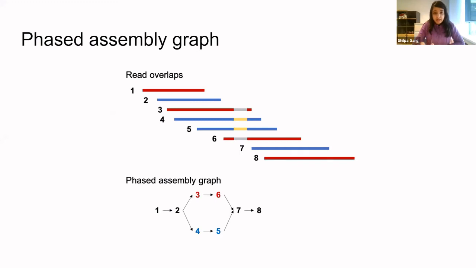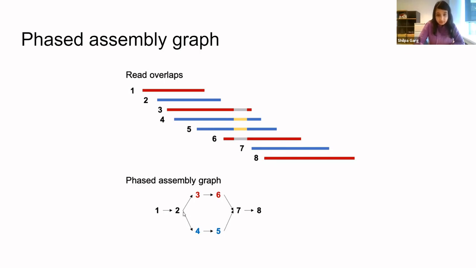So the main idea here is to use phasing information within the assembly process. So when we look for the overlaps in the reads, we additionally look for the heterozygous SNPs to find which read comes from which haplotype. In this way, we can encode this whole phasing and assembly information into the graph, and we start to see some nice structures in the graph, which are these bubbles, which actually represent the haplotype variation.